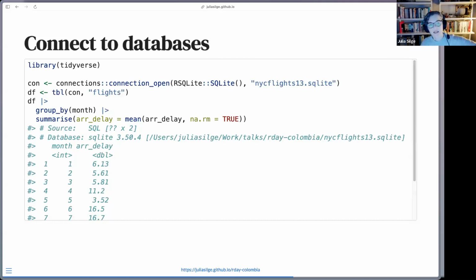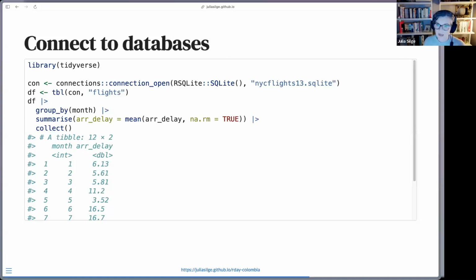Notice that it's giving me information. I see the rows and the columns here, month, arrival delay, but I also see information like, oh, it's a database, here's where it is. This is another example of lazy evaluation for queries. Once again, this is not yet in memory in R. If I wanted to get it into R, I would do collect here.